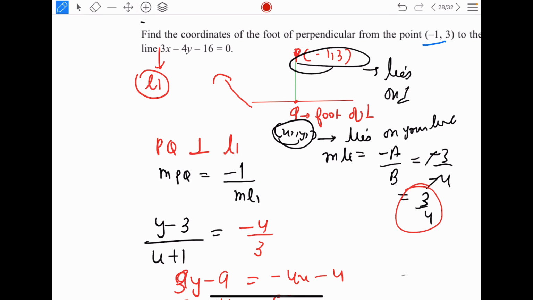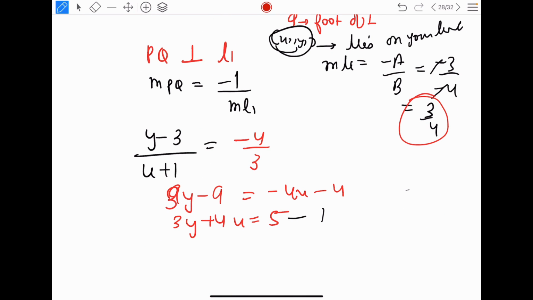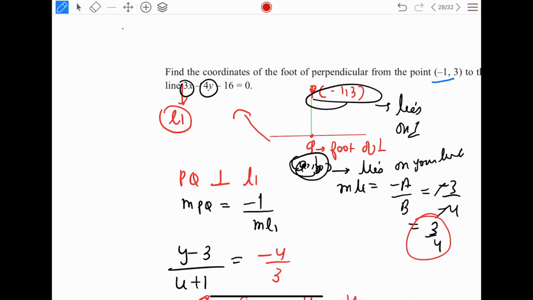If any point lies on the line, it is bound to satisfy it, like any root of an equation will satisfy the equation. That means this is my first equation. My second equation will be from putting x and y in this equation.